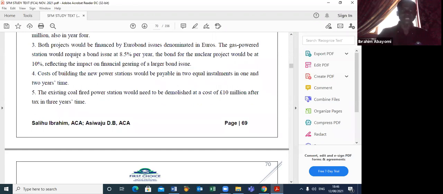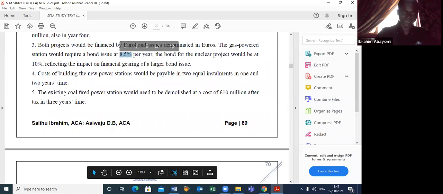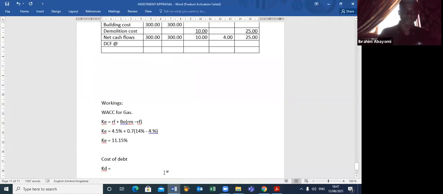The gas power station will require a bond of 8.5%. That's my cost of bond. There's no other cost of bond you can get than this. Just adjust it for tax, 1 minus 0.3. That is 8.5 times 0.7, which is 5.95%.